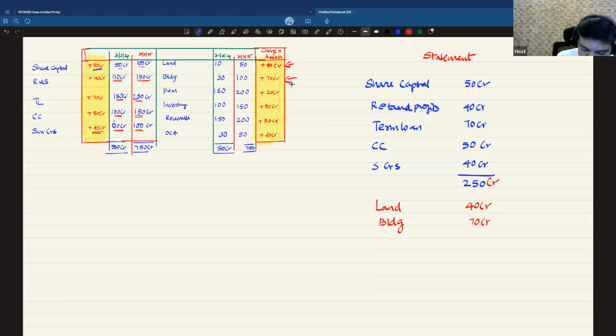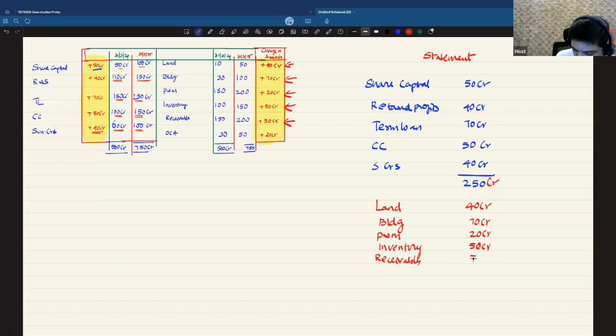It has been used for investment in plant and machinery. What is that investment? It is 20 crore. It has been used for investment in inventory also. What is the investment in inventory? It is 50 crore. What is the investment they have made in receivables? That is another 50 crore.